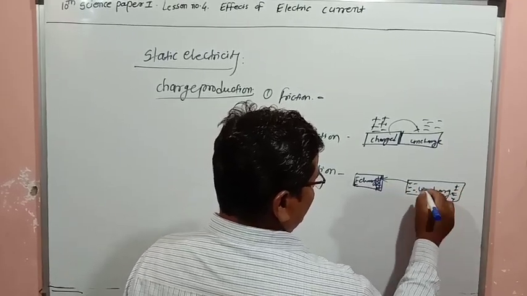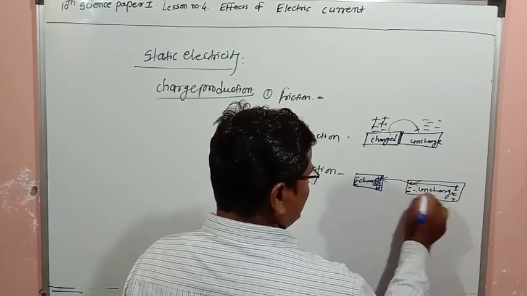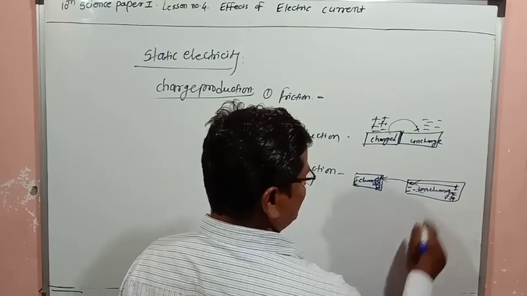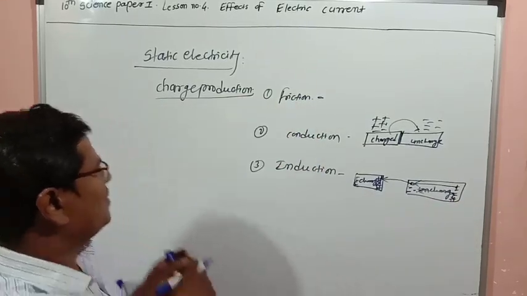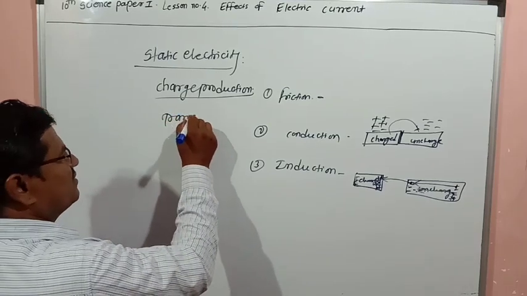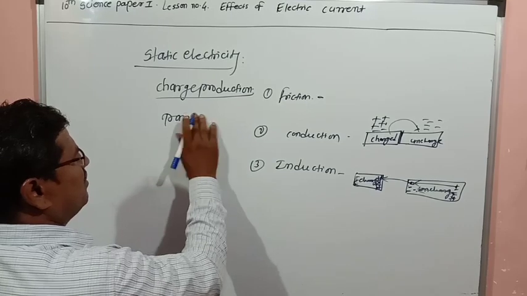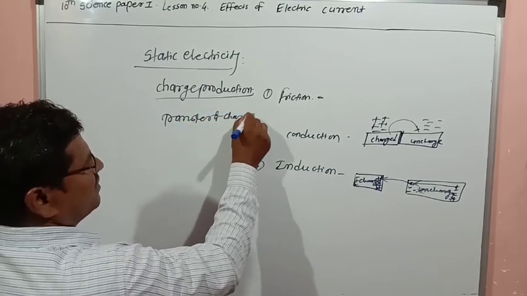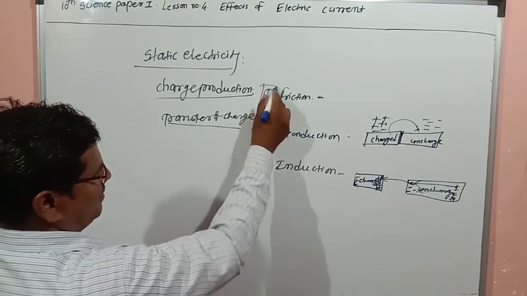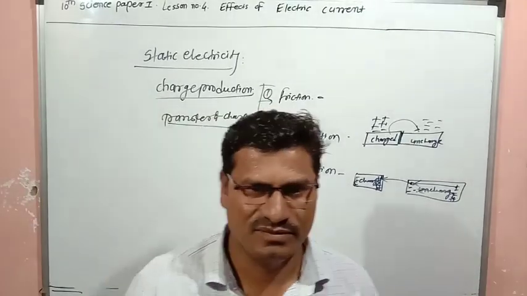From here electrons will be pulled in this direction, and here positive charge will become. So how is charge transferred? Production and transfer of charge happen in these three ways: by friction, conduction and induction.